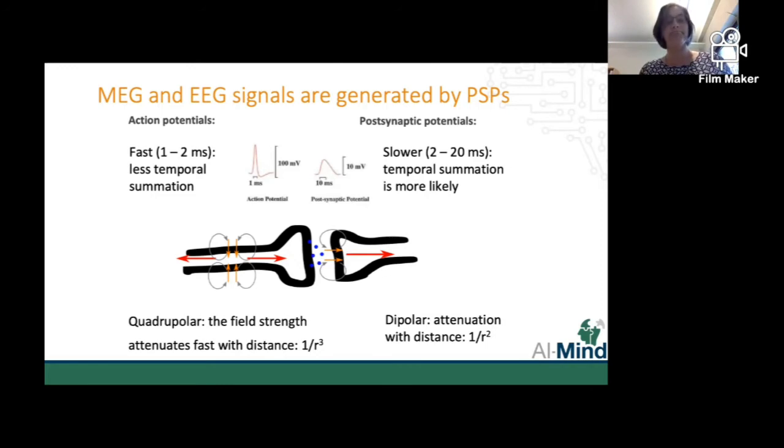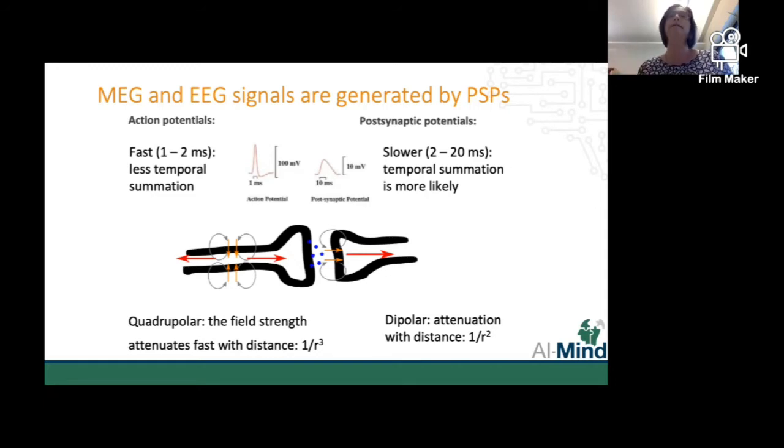And secondly, I talked about quadrupolar and dipolar fields earlier and the action potential propagating along the axon. Now, it can be shown that a quadrupole causes an electromagnetic field that attenuates very fast with distance.